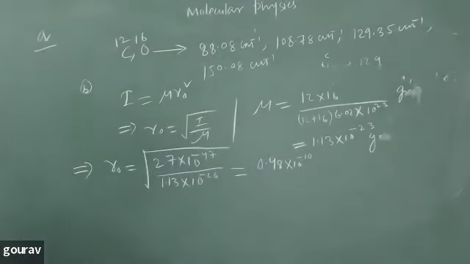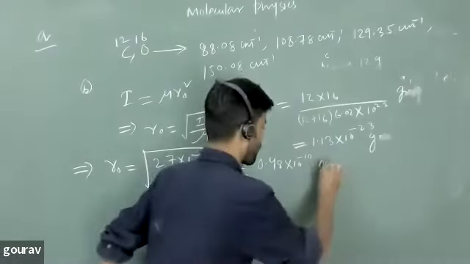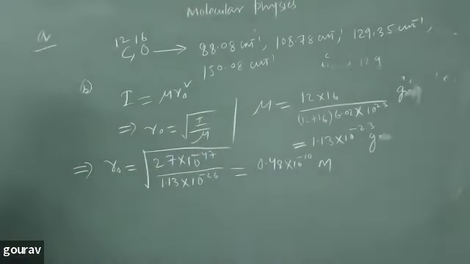Is this what you are getting? Yes, sir. Everybody is getting the same? 0.48 into 10 to the power minus 10 meter, right? Is this part clear? Yes, sir.